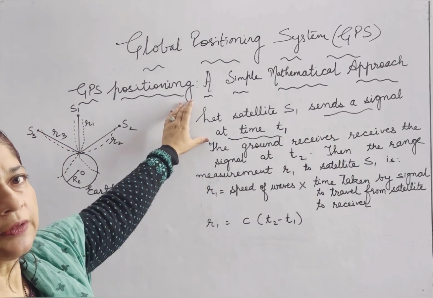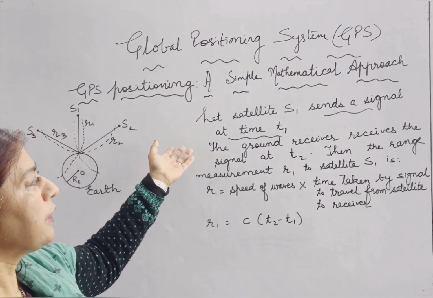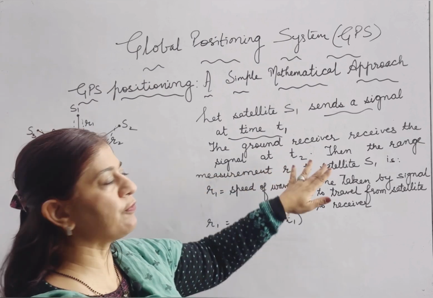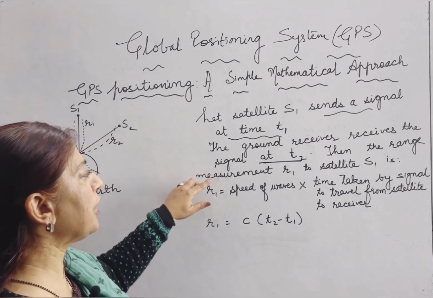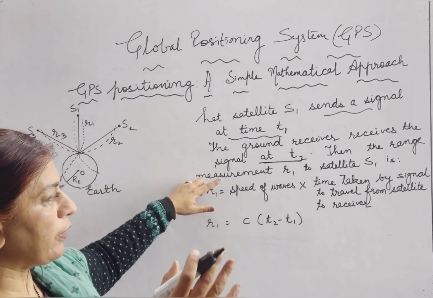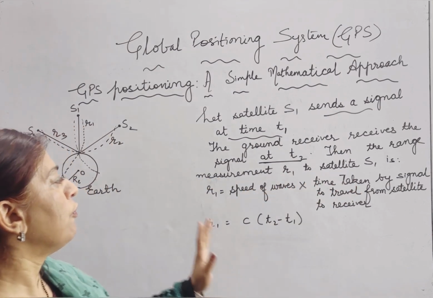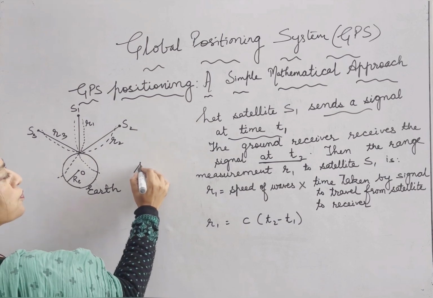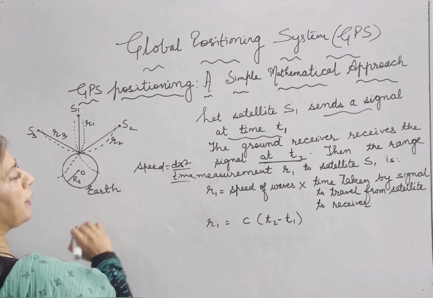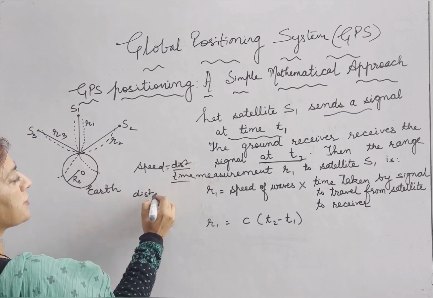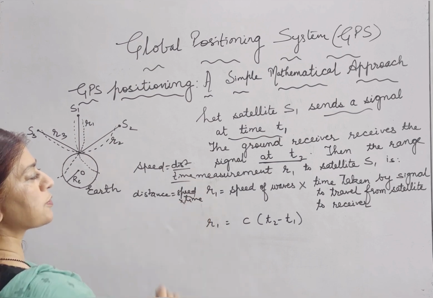So this thing is being done by the first segment, that is the space segment. Now the ground receiver is going to receive the signal, let it be at time T2. Then the range measurement or the distance between that position and the satellite is, say, R1. It is given by the simple formula, speed is equal to distance upon time, and here distance can be taken as speed into time.